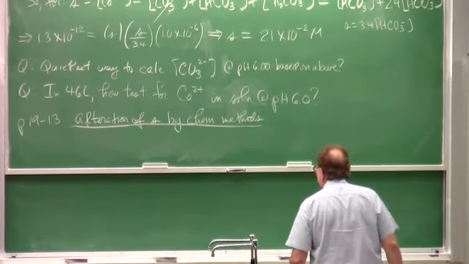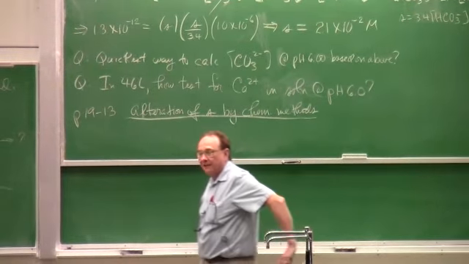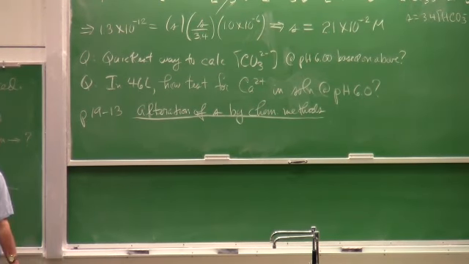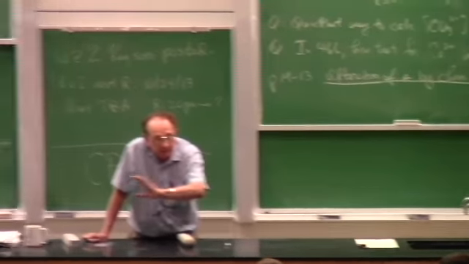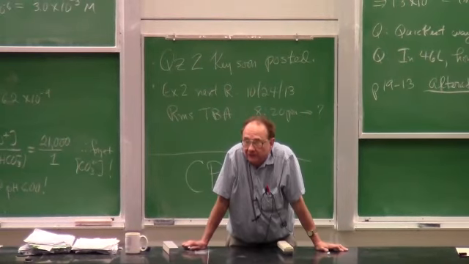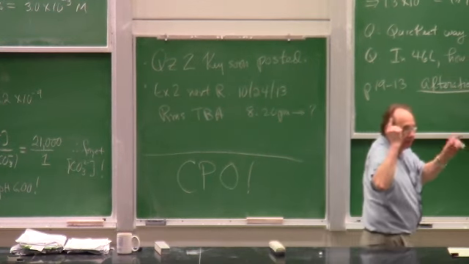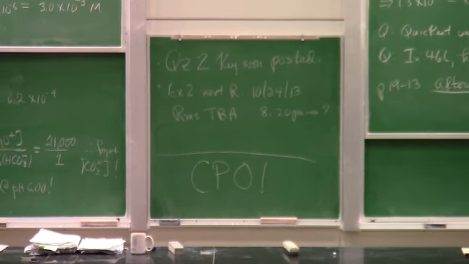Let's do a simple demonstration of this statement before we take a look at calculating the solubility of calcium carbonate in ammonium chloride solution. Because before we do any calculation, we know the calcium carbonate is going to be more soluble in ammonium chloride solution than in water.